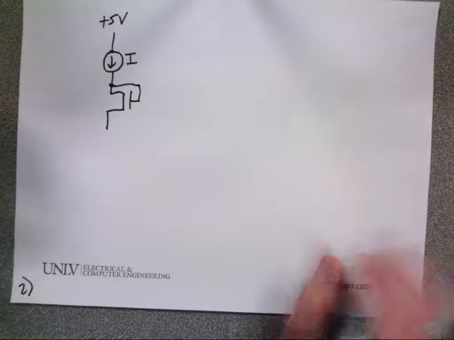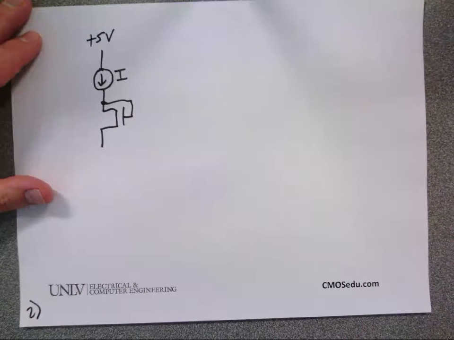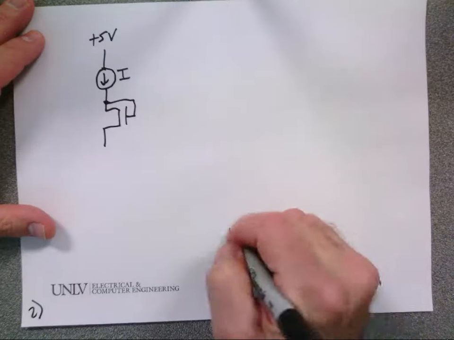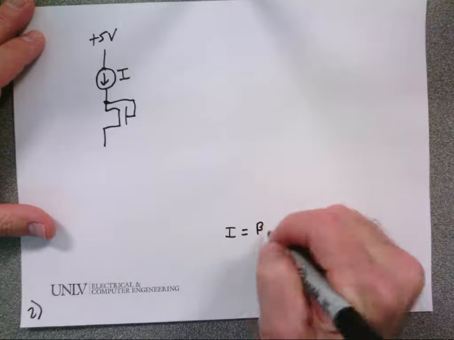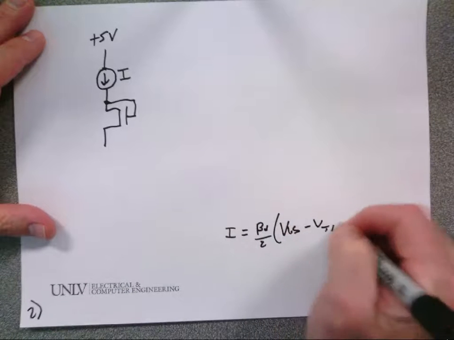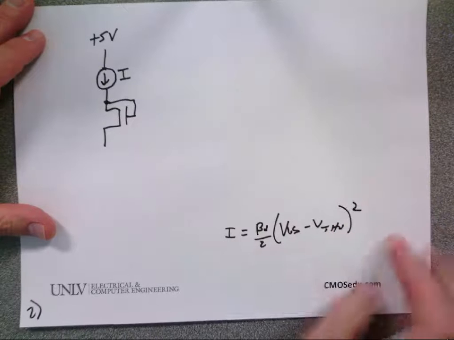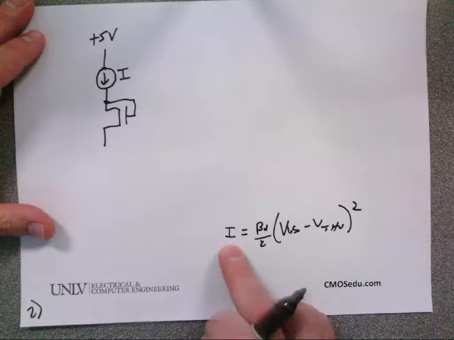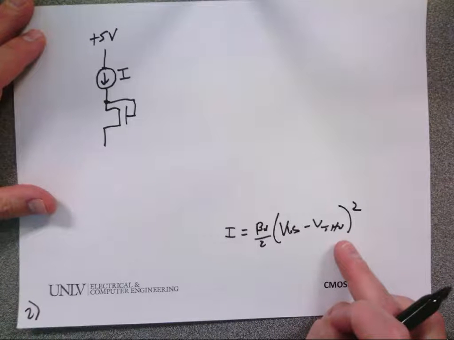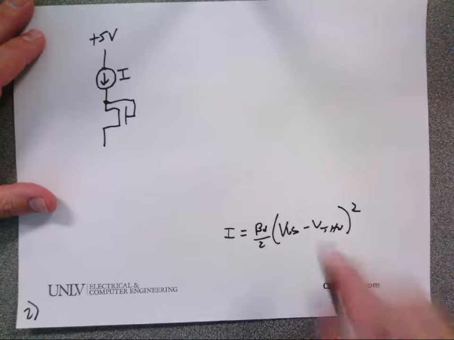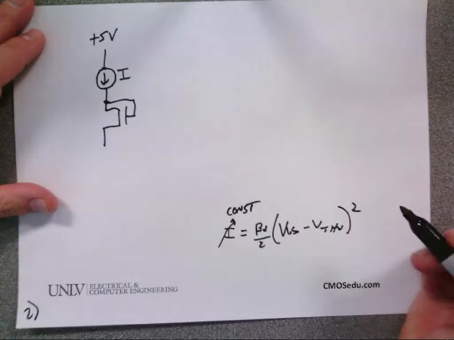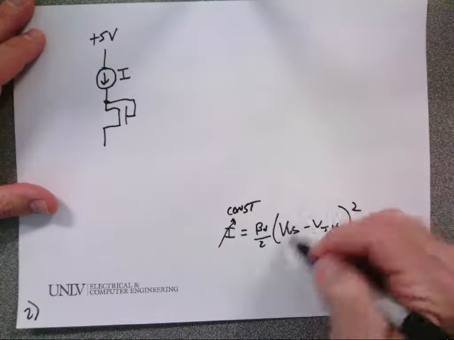If I have a constant current flowing in a gate drain connected device, I write beta sub n over 2 times VGS minus V threshold n squared. If I have a constant current, is there anything in this equation that's going to vary? No. So VGS is what? Constant.